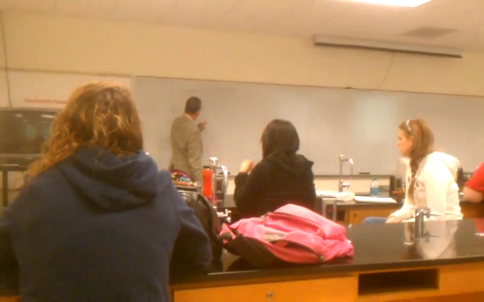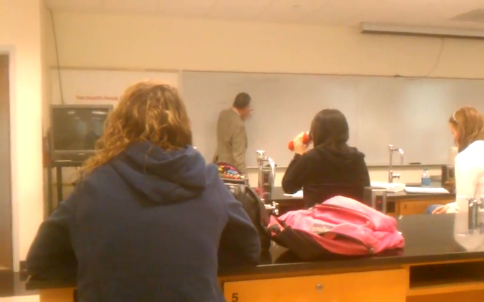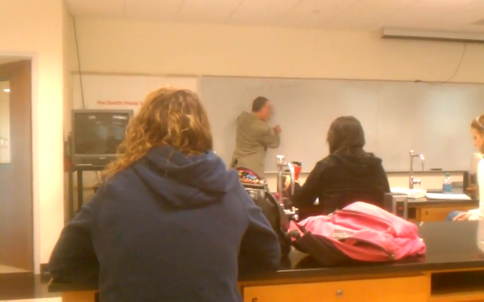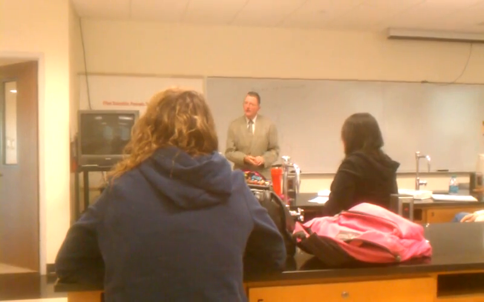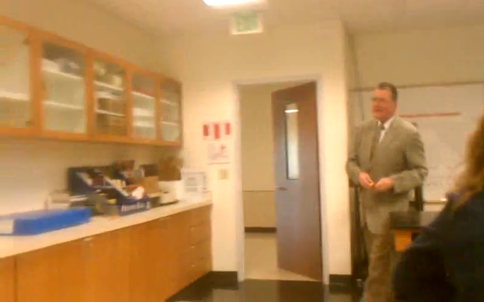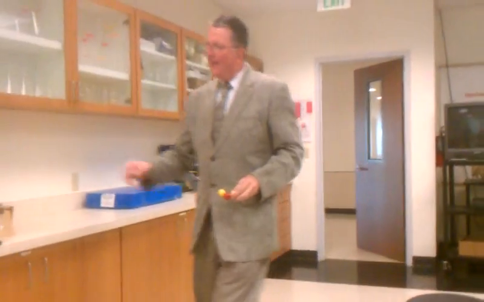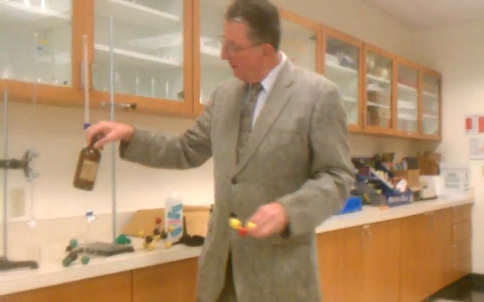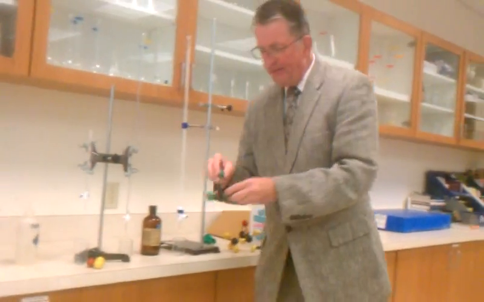But this compound, even though each of these carbon-chlorine bonds is polar, these two polarities cancel those two polarities out just because of the geometry. So in this other burette, I have some carbon tetrachloride, and here's my model of it.